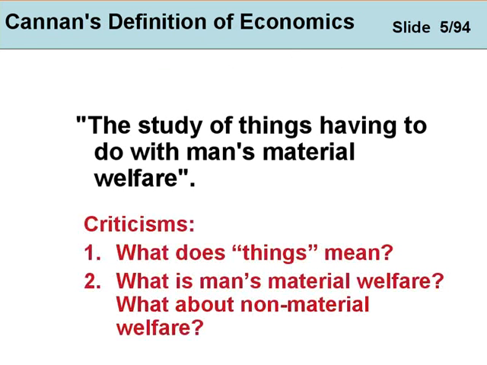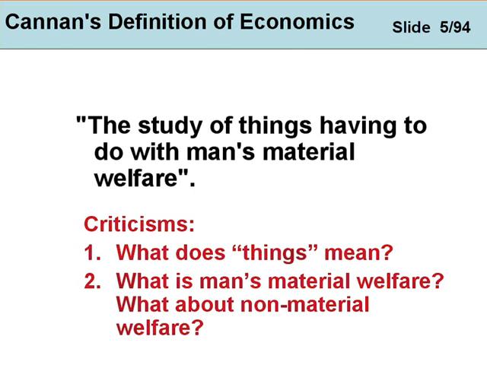For a start, what does things mean? It's very indeterminate. Things doesn't make a lot of sense. And secondly, what is man's material welfare? What about non-material welfare? For example, our quality of life may be determined to a large extent by non-material factors such as art, music, cinema, sport.